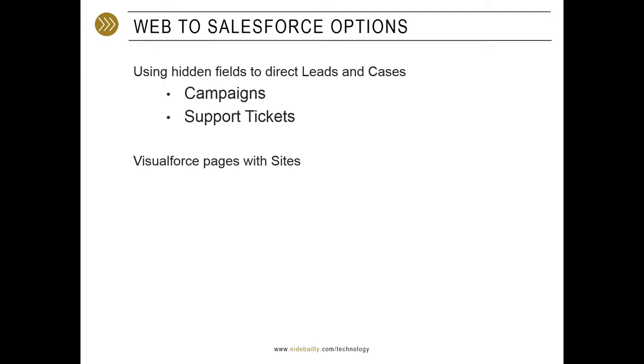You can put a hidden field in there with the campaign ID, and then post that to a different place on your website and direct people to it through marketing. What's going to happen there is anybody that submits a lead through that form, that lead will automatically be attached to the campaign that you put into that form. So that's one use case that you could use that for.